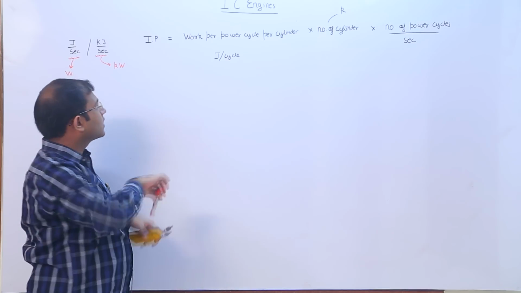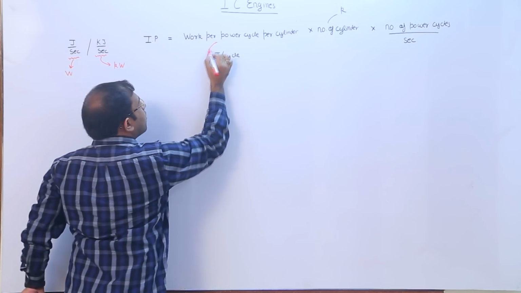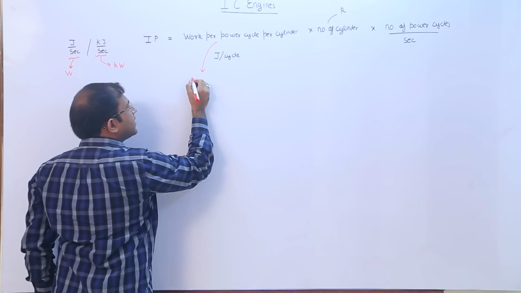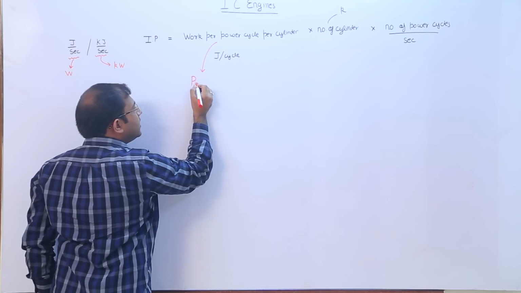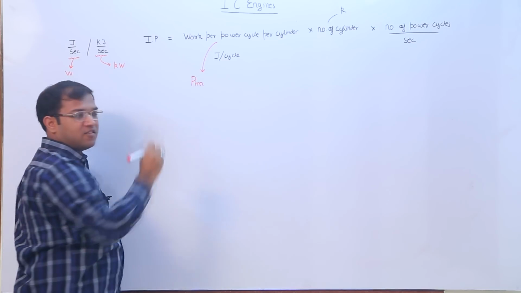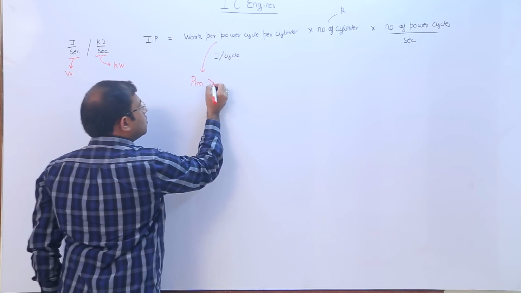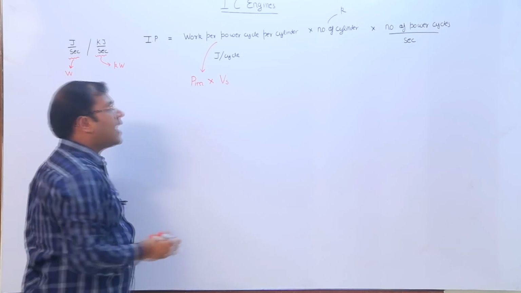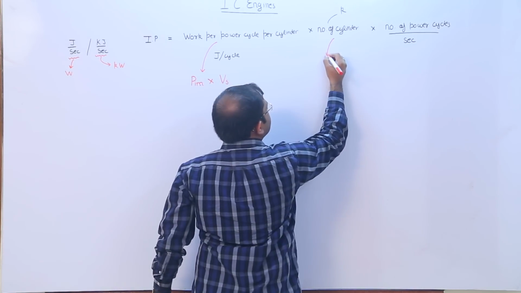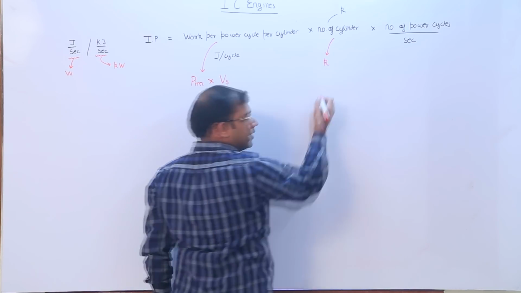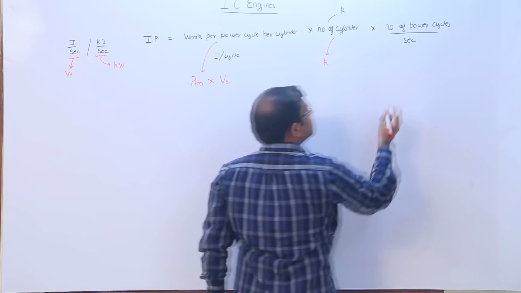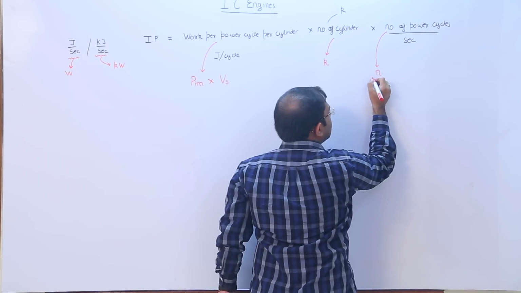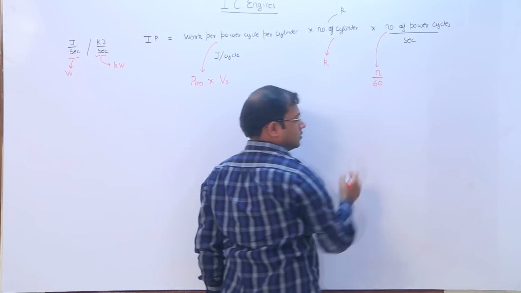Now see, this work per power cycle per cylinder can be simply written as product of indicated mean effective pressure into swept volume Vs. Fine. And this number of cylinder is nothing but K. And see, here it is written as N upon 60.